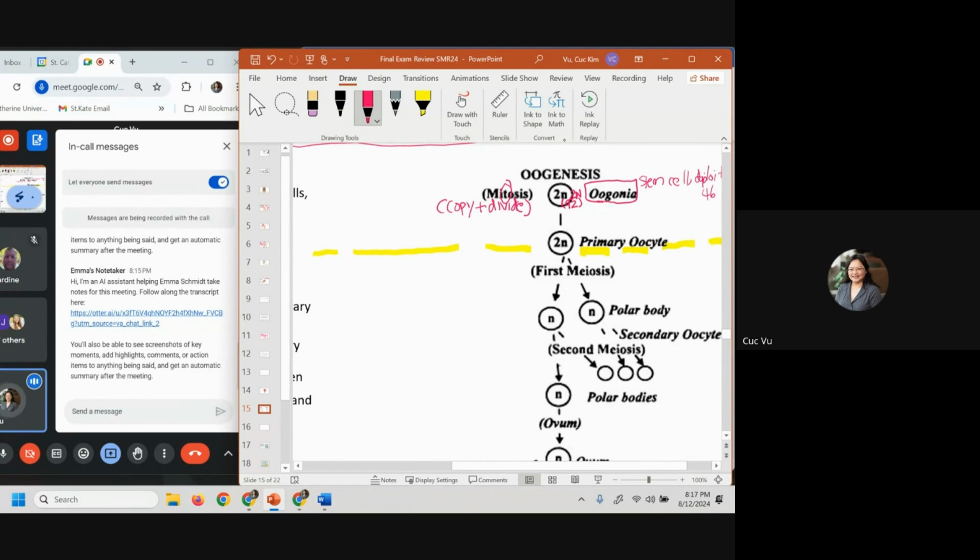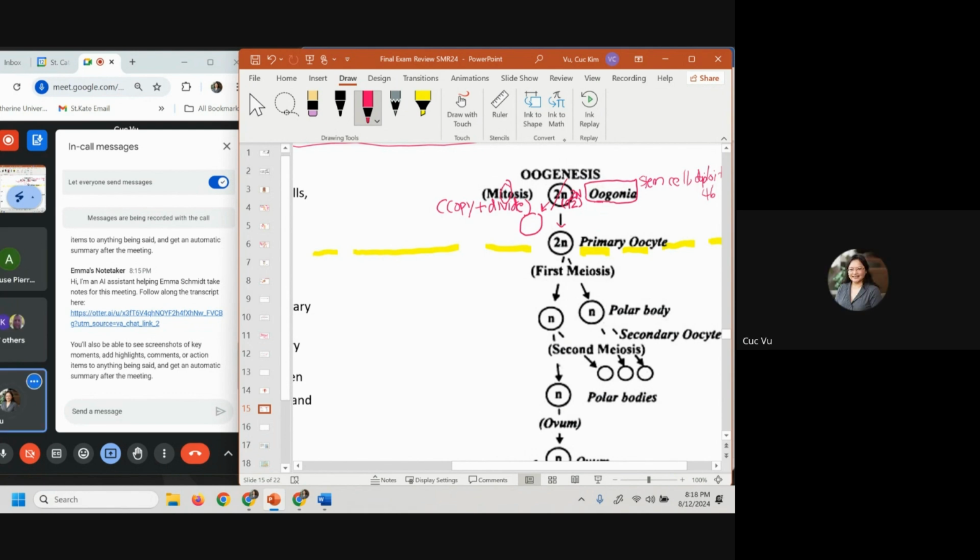And so that means in that cell, after it starts mitosis, it's going to have 4N or 92, and then it's going to divide. When it divides, it just splits in half. Half of the information goes to one cell and the other half goes to this other cell right here. Okay? So if you have one cell that has 4N and it divides into 2, how many Ns should go into each one? 2.